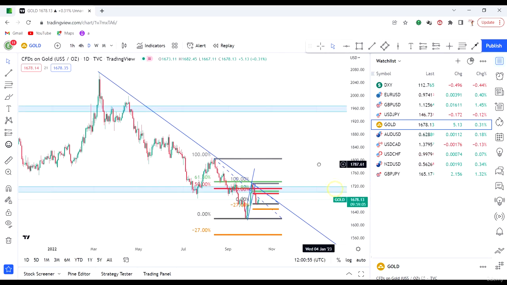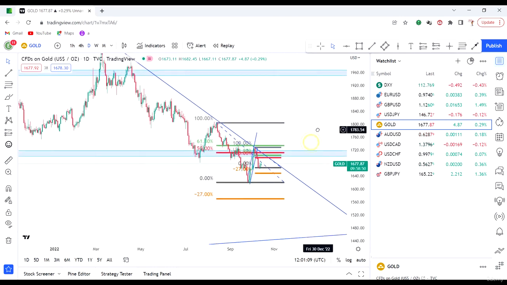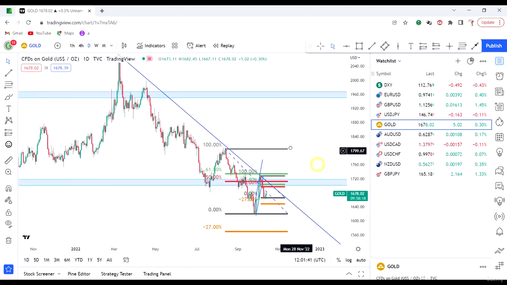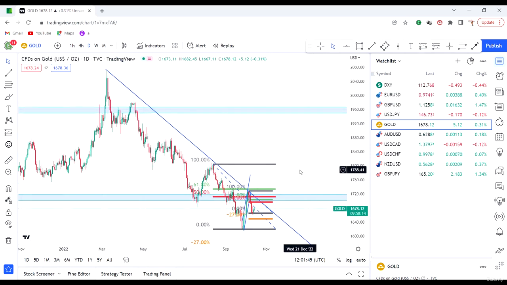So we are getting closer to the parts of the course where we actually trade the market live, okay, with a live account. That's with live money, with real money, not with demo like we've been doing here, but with live money. So I have two strategies. This video we'll look at the first one, and then in the second video we'll look at another one.